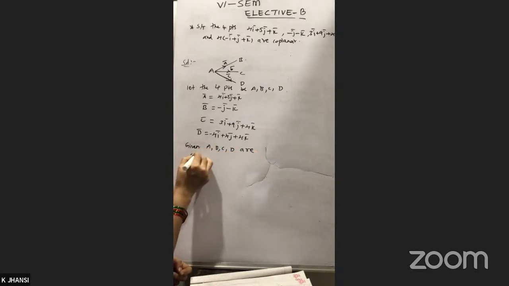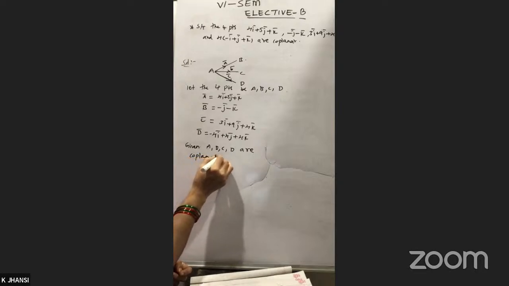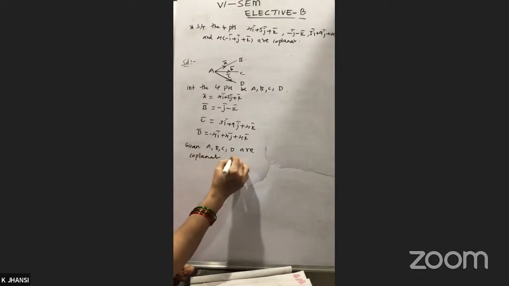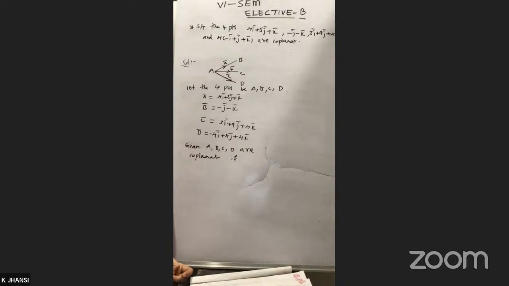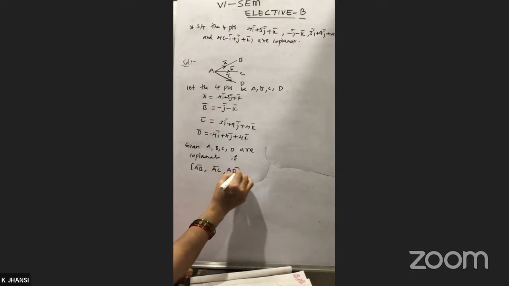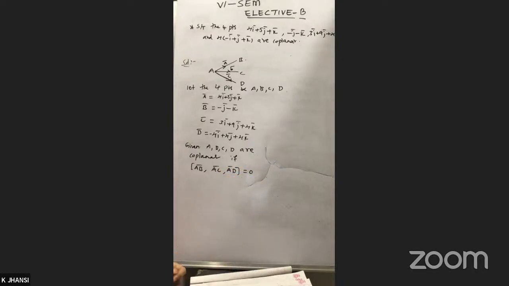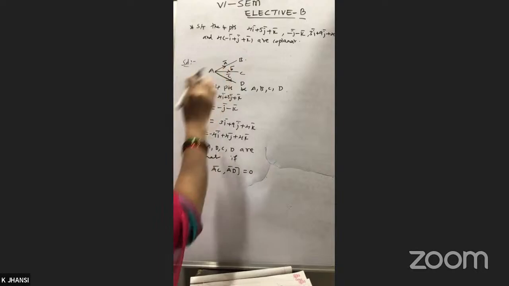It is given in the question. They are coplanar if the triplet of AB, AC, AD equals 0, then we represent that the 4 points are coplanar. For this, first we have to find the vector, small vector A. What is small vector A?